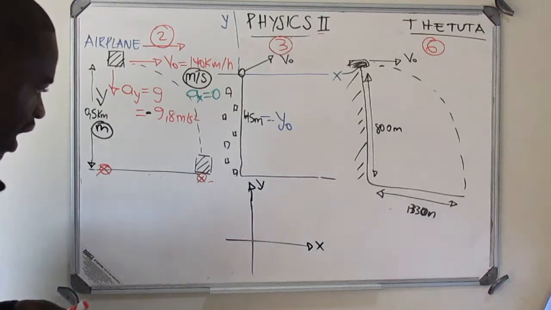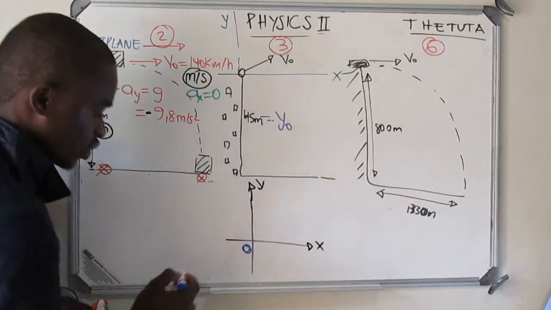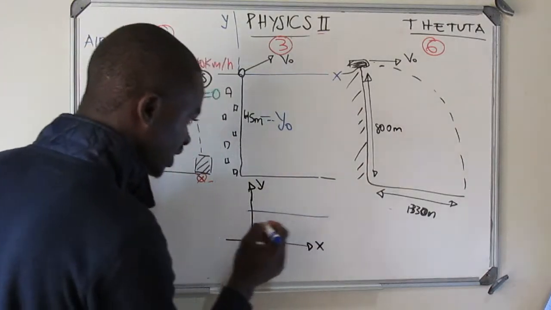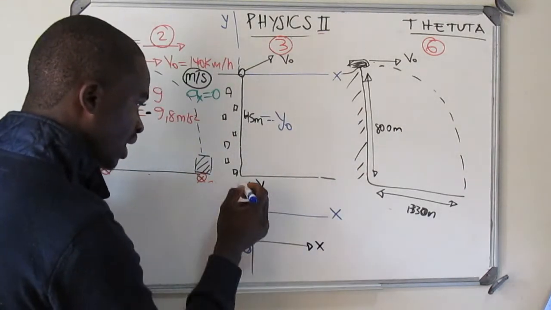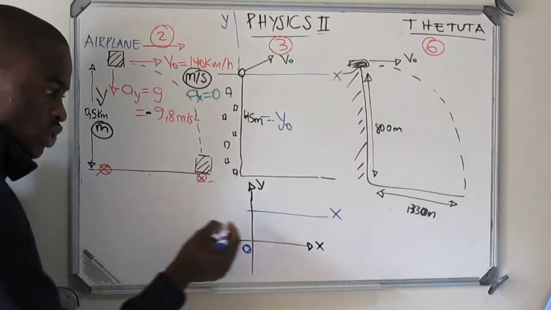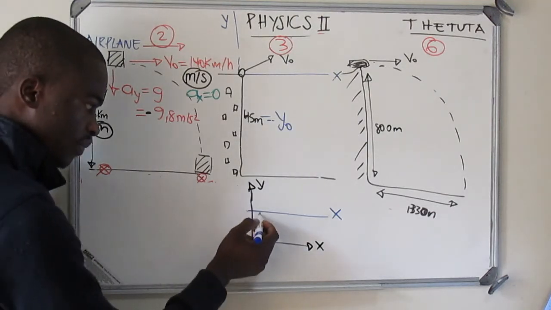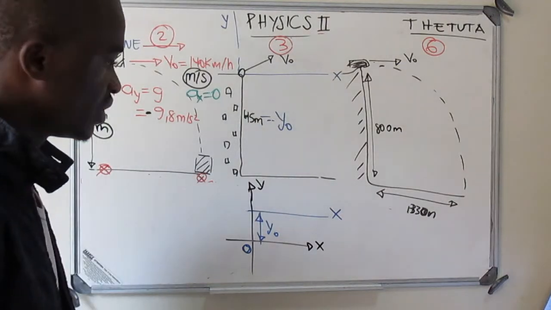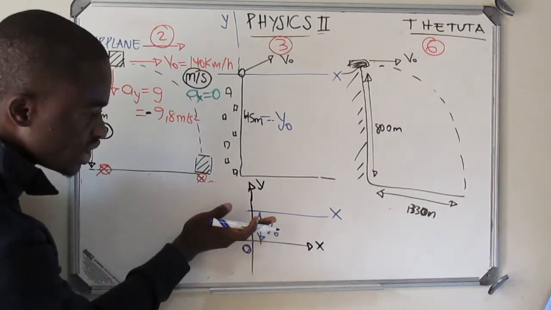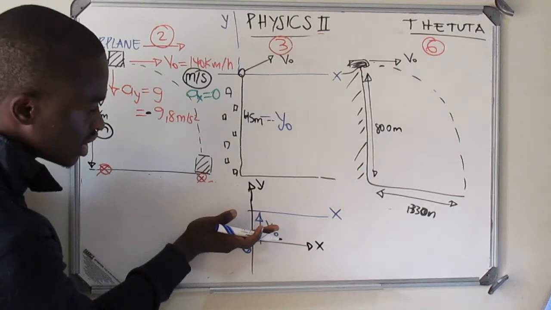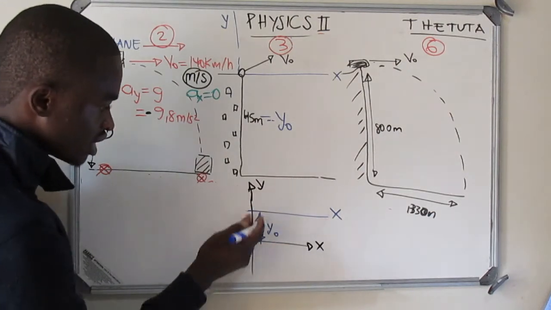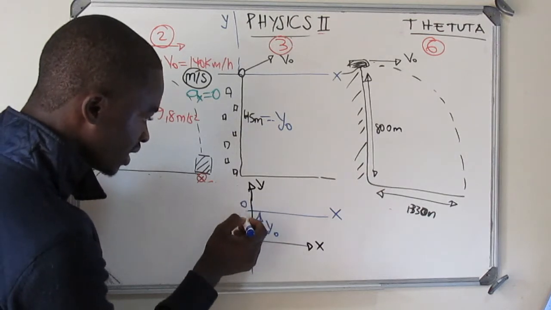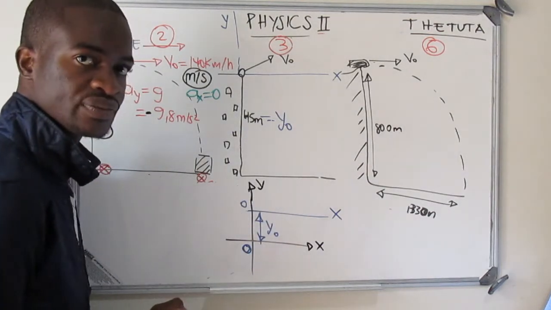But remember, I didn't start from 0. But in this case, I start already from a specific y. So my x becomes here, my y remains there. So this space here is our initial y. Can you see? Because we didn't start from 0, 0. Our intersection is not 0, 0. Our intersection becomes what? x is 0, but y is 45 meters.